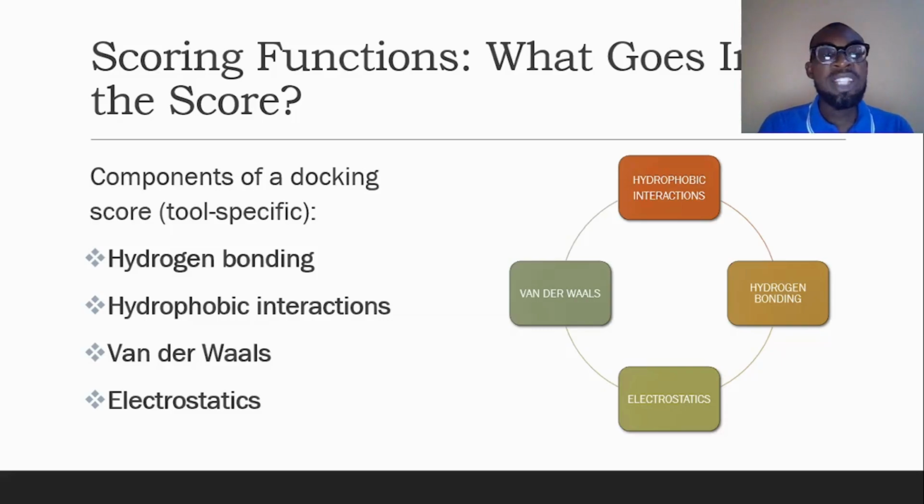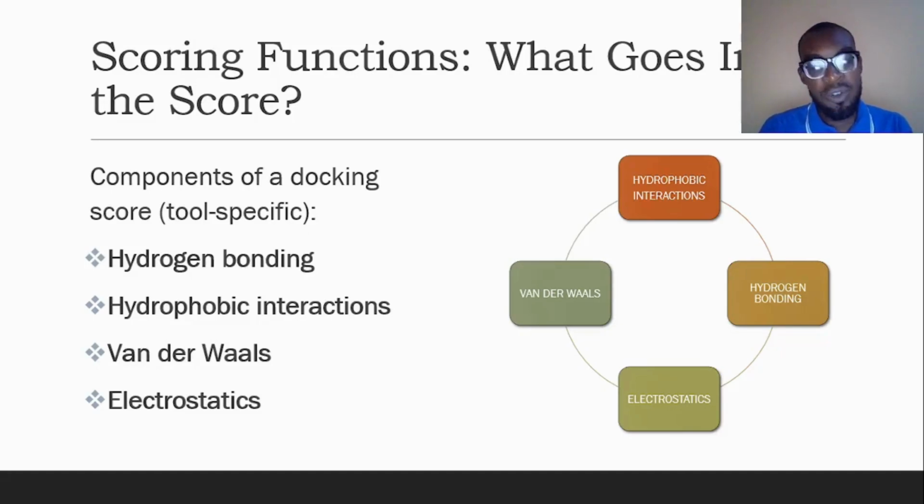We can also have electrostatic interactions between the charged part of the macromolecule you are working with, a protein, and that of your ligand. So the value you see as a docking score captures all of these interactions. If you are using AutoDock, it gives you just a single value, and it's very difficult to break that single value into these components.